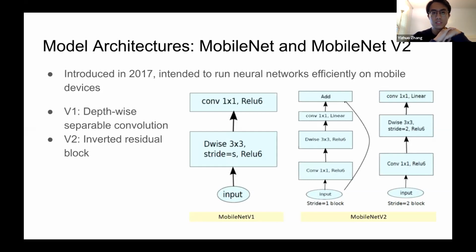This convolution has much fewer parameters, and it is designed for mobile devices. And V2 introduces the inverted residual block. I'm not going to introduce the details of these two. Feel free to dig into those things if you would like to.